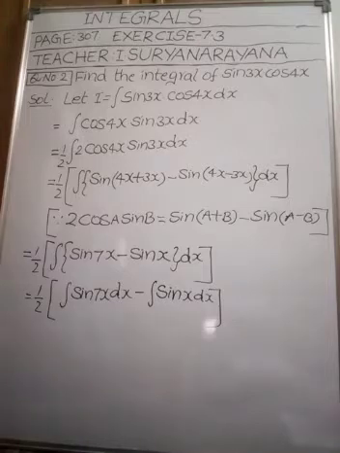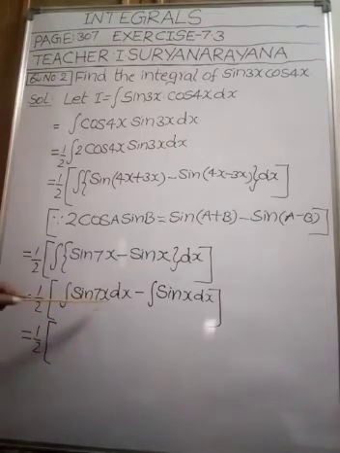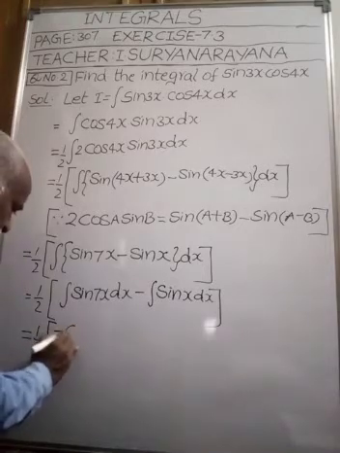Understood this step? Right. Now, first term 1 by 2 into, it is in the form of sin of ax plus b. Here the constant term b is not there, but it is a linear expression, sin of a linear expression. What will you write? Minus cos of ax plus b.